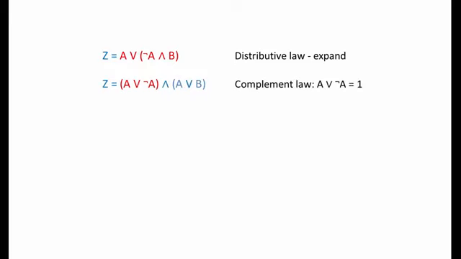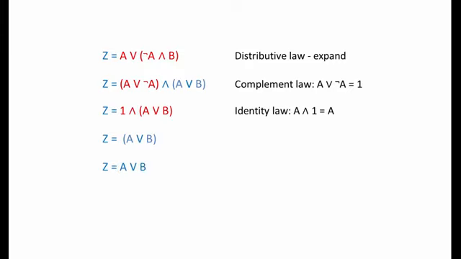Now we can see an opportunity to reduce the term A or not A to 1 by applying the complement law. The identity law states that anything ANDed with a 1 is itself, so 1 and (A or B) is A or B. This is about as simple as we can get with two variables. The brackets aren't needed here.